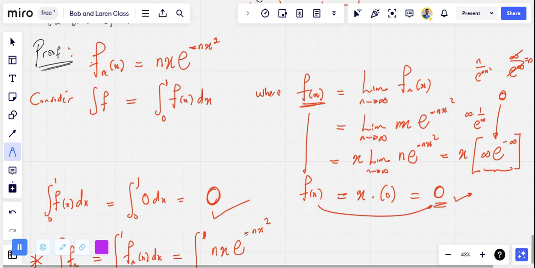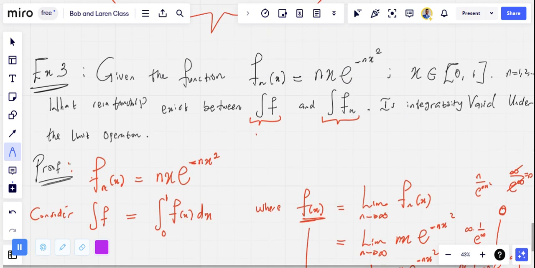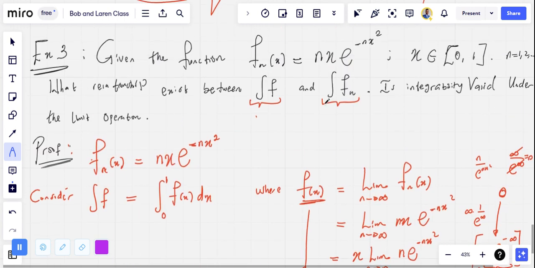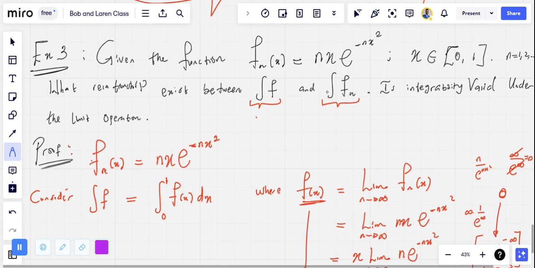But please take note, we still have to take the limit outside the integral, according to the way we have it.